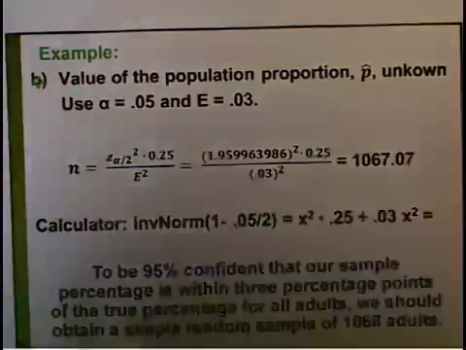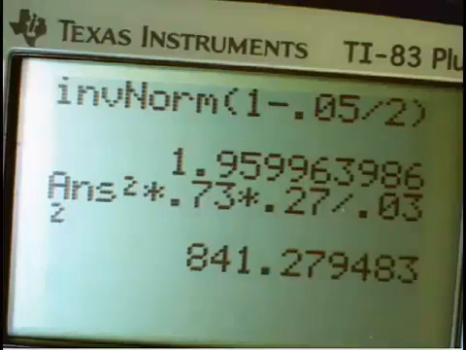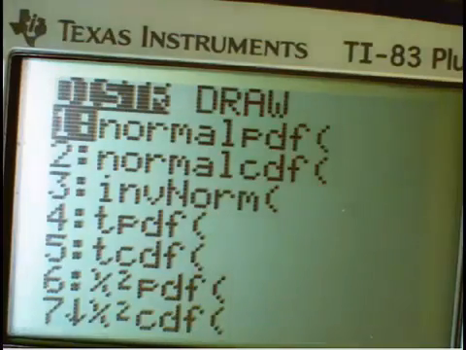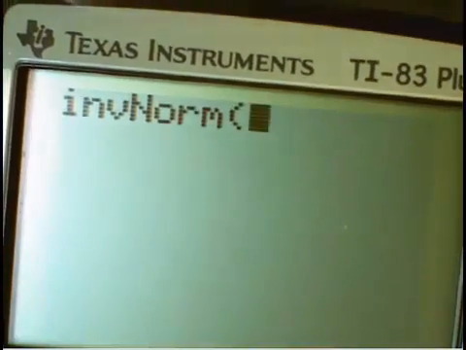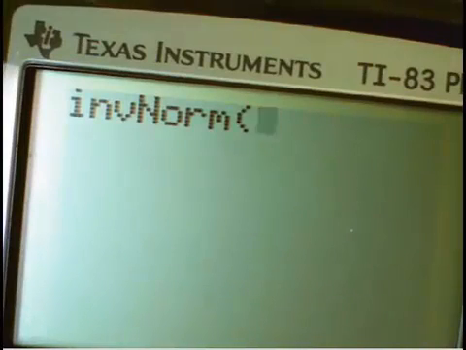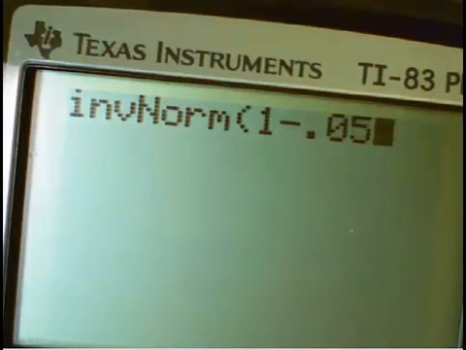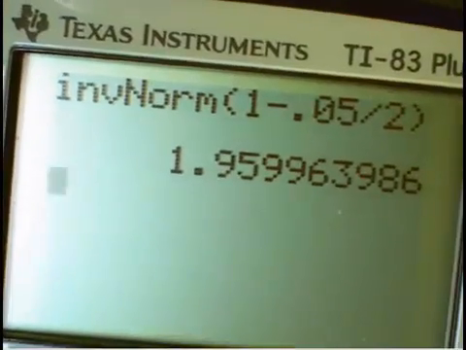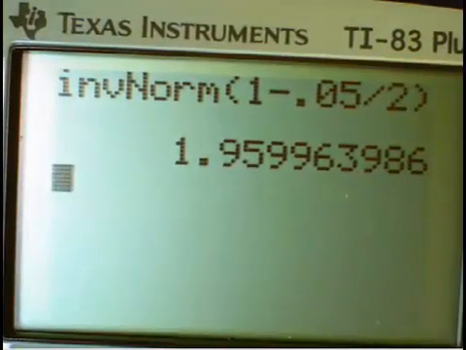So on the calculator, that's second distribution menu, number 3, to pull up inverse norm and say 1 minus alpha over 2 gives me the 1.96 that I'm not going to round. And then just keep going with the formula.